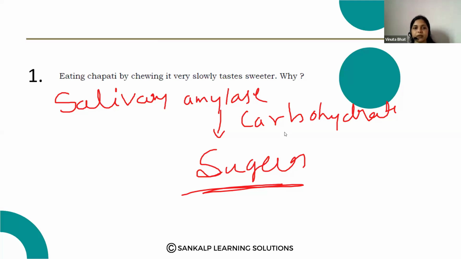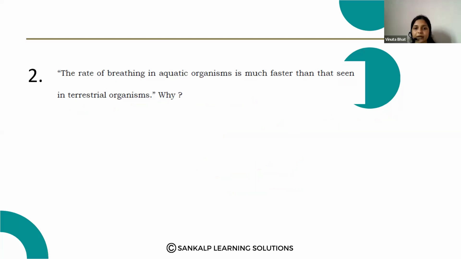Next question. The rate of breathing in aquatic organisms is much faster than that seen in terrestrial organisms. Why? Aquatic organisms means those living in water.